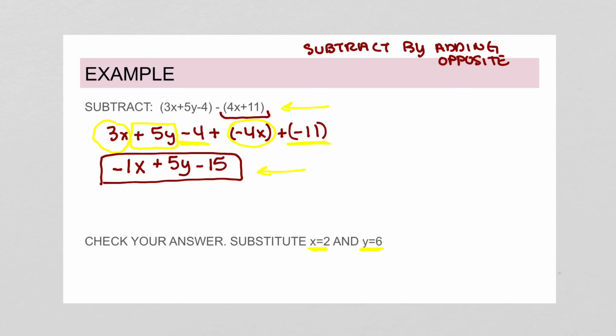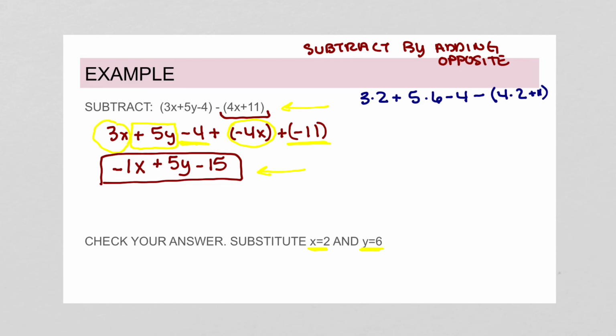Okay, so if I plug it into the first one, I've got 3 times 2 plus 5 times 6 minus 4. And then I'm going to subtract from that, minus 4 times 2 plus 11.